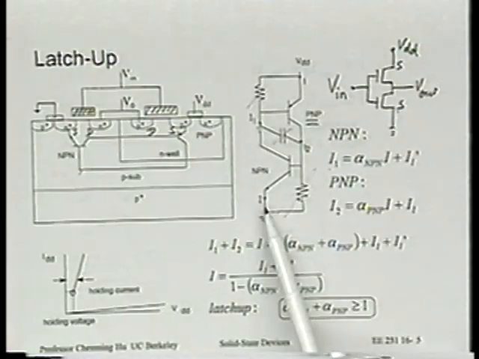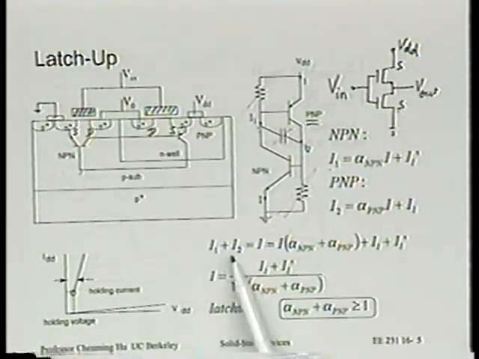Next, we're going to add these two equations together, I1 plus I2. First of all, we know I1 plus I2, based on Kirchhoff's law, is equal to I. You see this I divides into I1 and I2? Similarly, this I1 and I2 combine back into I later, in this bottom transistor.